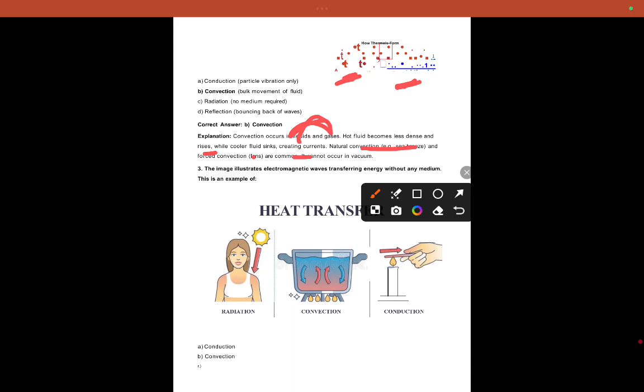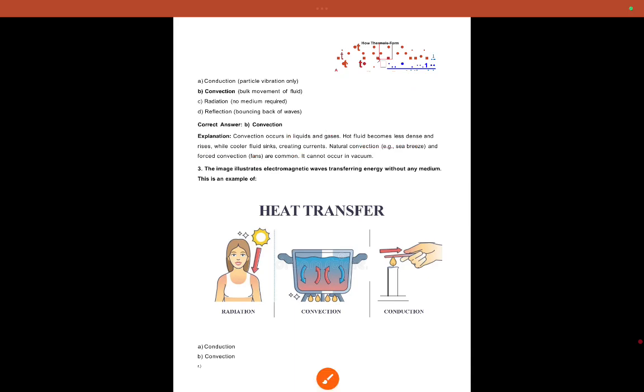This procedure we consider as convection, heat transfer in fluids like gas and liquid. Coming to the third question: the image illustrates electromagnetic waves transferring energy without any medium.